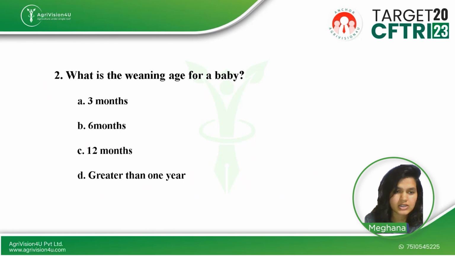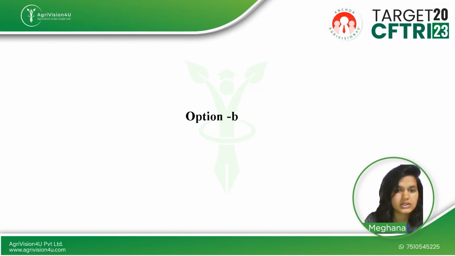The second one is: what is the weaning age for a baby? The first option is 3 months, the second option is 6 months, the third option is 12 months, and the fourth option is greater than 1 year. The right answer is option B, that is 6 months.